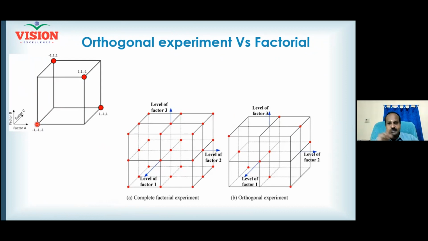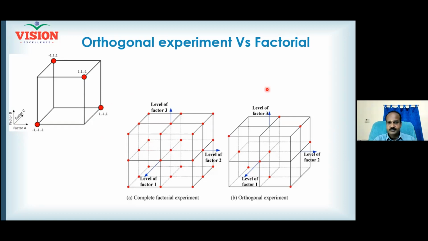And how many points are considered on each axis? 2 points. That means 2 levels for each factor. And now I visualize. Now how many corners do I get? 8 corners. It becomes a cube. That means totally there are 8 runs. If you run all 8 runs, your experimentation is called full factorial design.